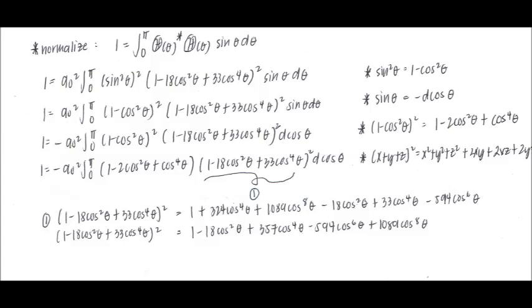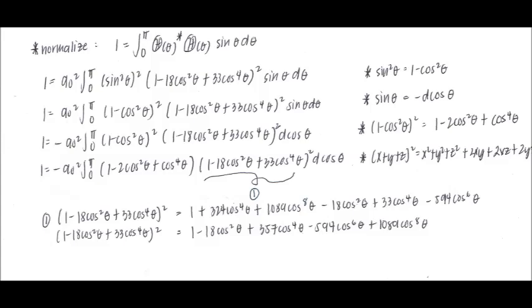Now expanding the equation will give us 1 plus 324 cosine to the 4th theta plus 1089 cosine to the 8th theta minus 18 cosine squared theta plus 33 cosine to the 4th theta minus 594 cosine to the 6th theta.